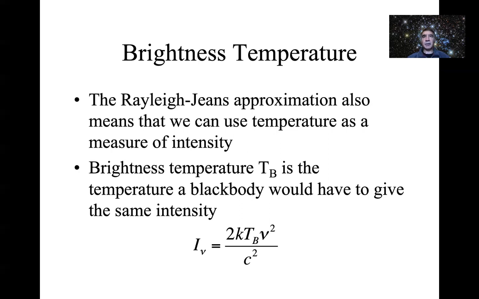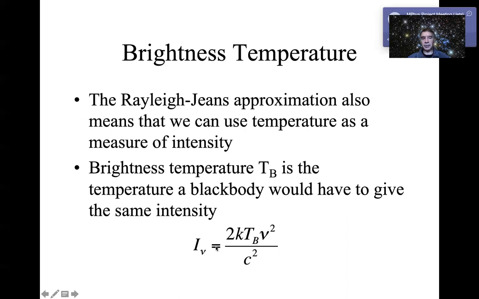Okay, and this brings in this idea of the term brightness temperature, often referred to as T sub B. So this is the temperature a black body would have to be in order to give the same intensity, I nu. Okay, so here we're going that full way. So assuming that I nu is given by the source function, is given by the Planck function, which is given by this Rayleigh-Jeans approximation.